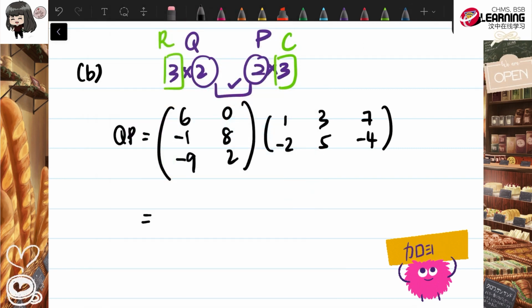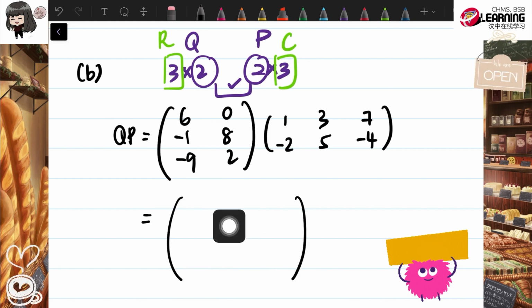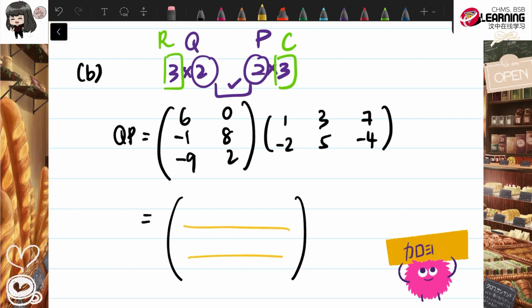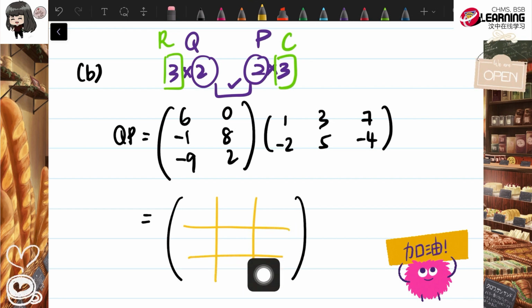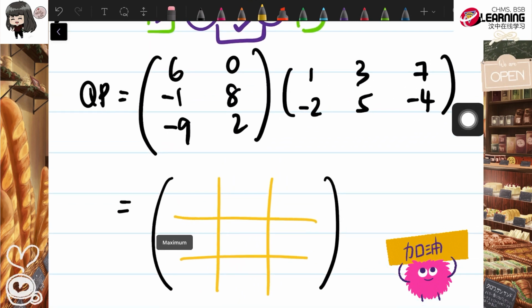I know my final answer is 3 rows and 3 columns. If you want, you can do it like that, 3 rows, 3 columns.